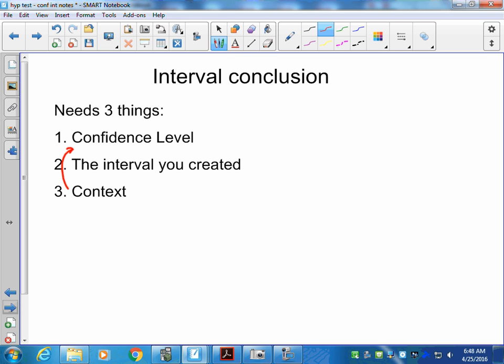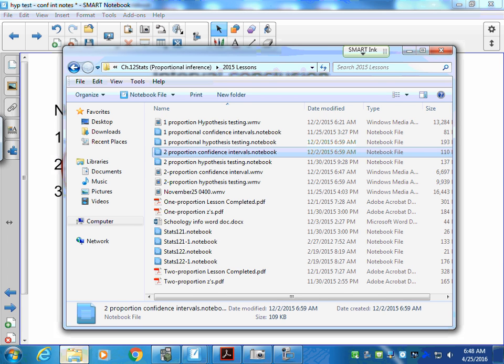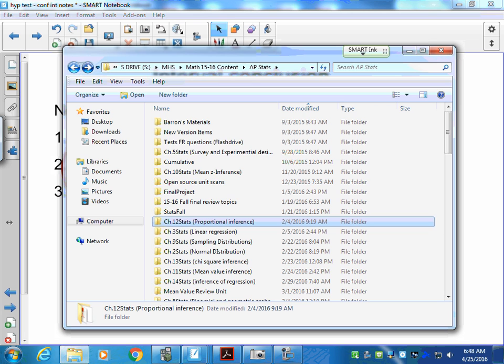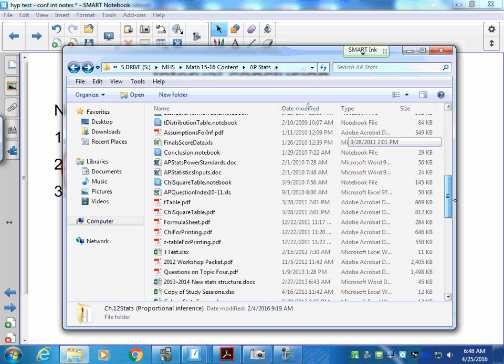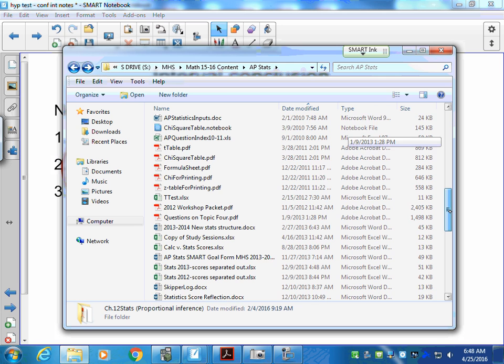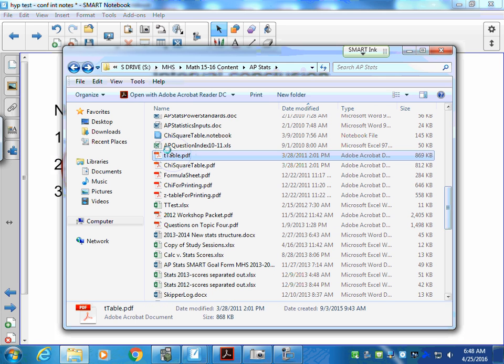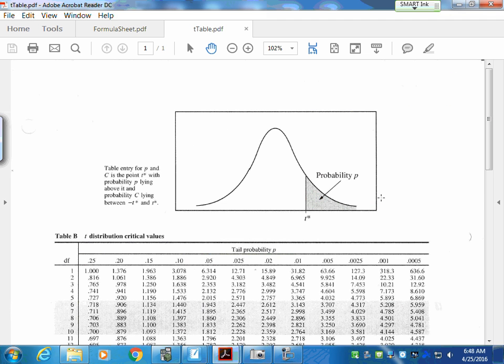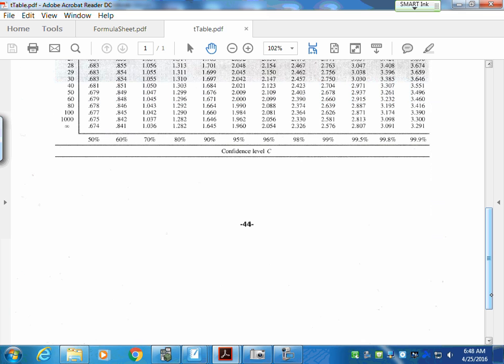Now, one thing we talked about real quick is when we're doing intervals, make sure that you know where to go for your specific values. And this is the one time where something given to you in the packet is so much easier than the calculator, and that is using your t-table for any confidence interval problem. Because notice, they put the confidence levels right at the bottom, and all you have to do is read up to your degrees of freedom.